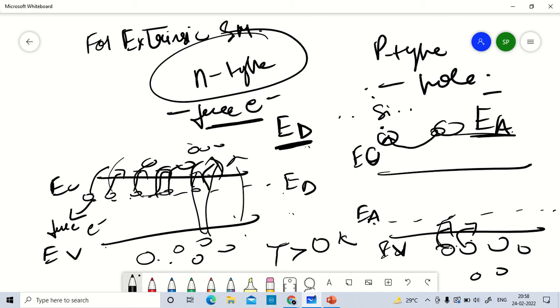Or we can say that the hole is created the moment they fulfill this. If an electron goes and fulfills this, gets recombined, then in its place one hole will be created. So either we can say that the hole is moving, or we can say that the electron from the valence band with little energy goes to the acceptor impurity and creates a negative charge over there.